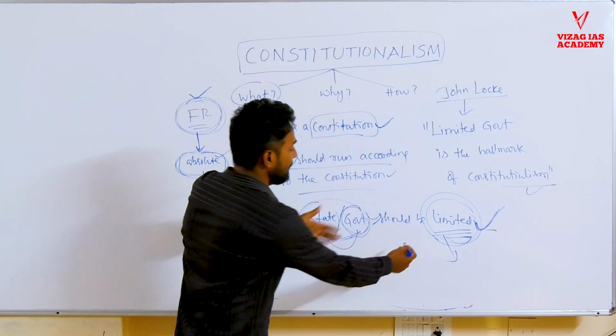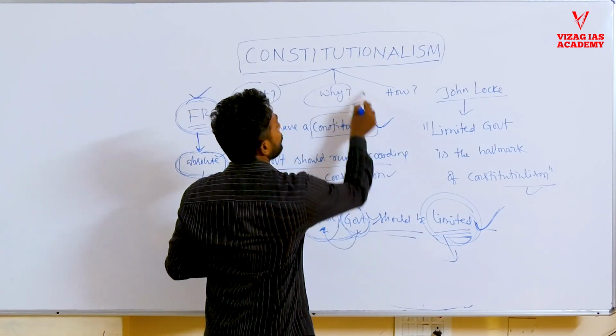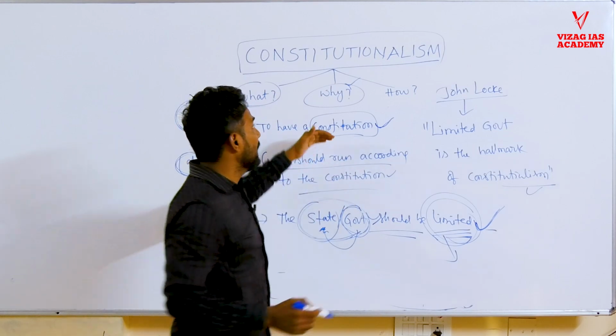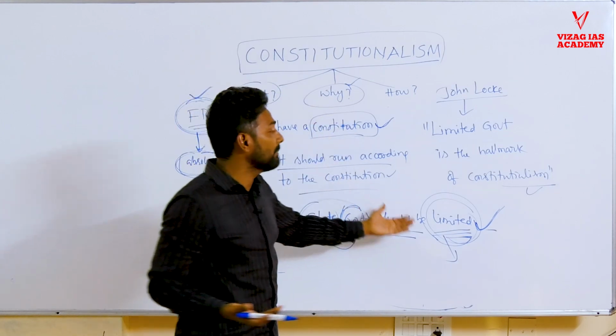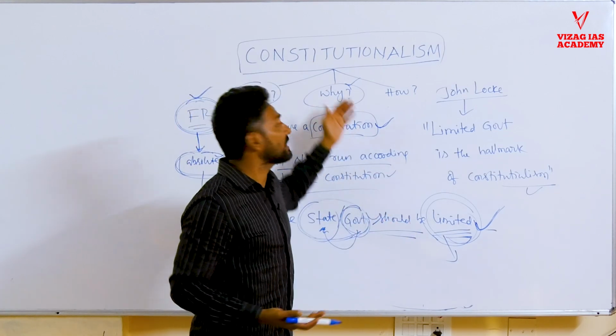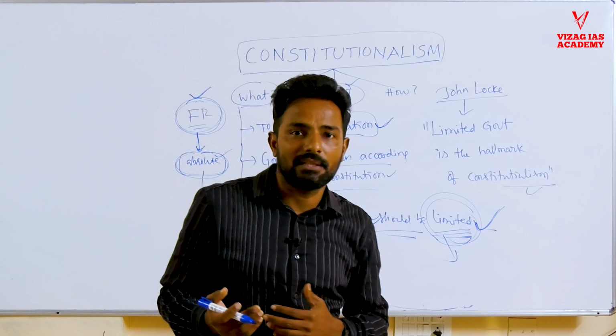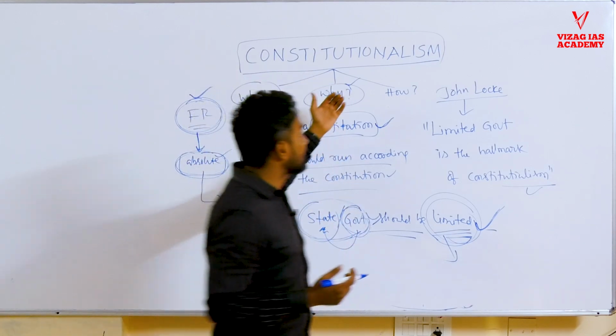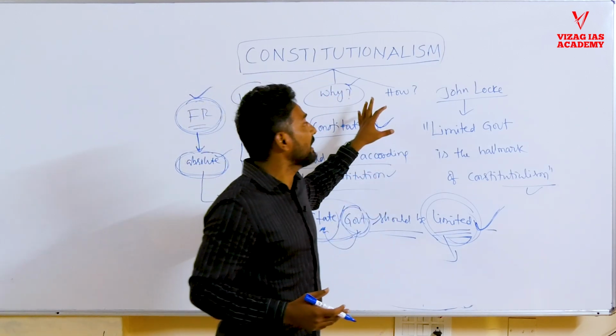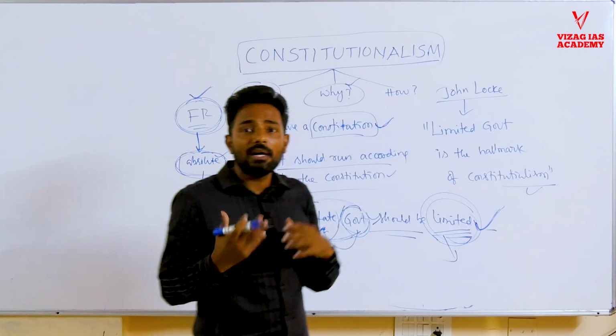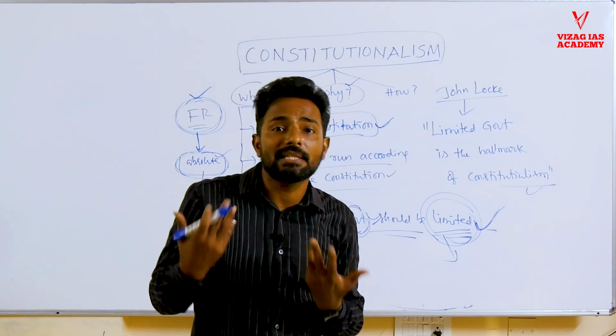Why it is required: just now we have discussed why constitutionalism is required, because if the state assumes all the powers, unlimited powers, it will be dangerous for the citizens. As Karl Marx says, the state is the march of God on earth. It is the shadow of God, which means the state is like God, all powerful, omnipotent.